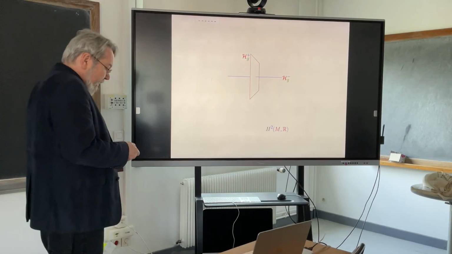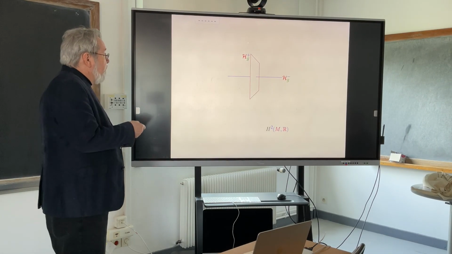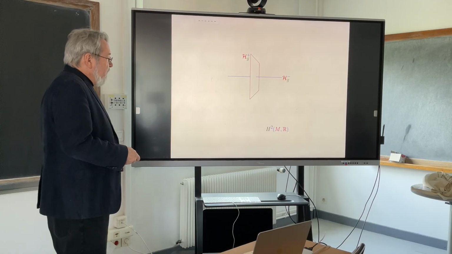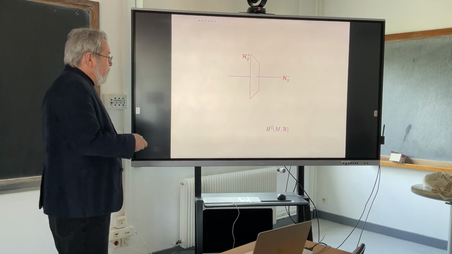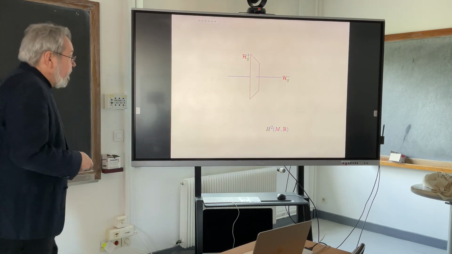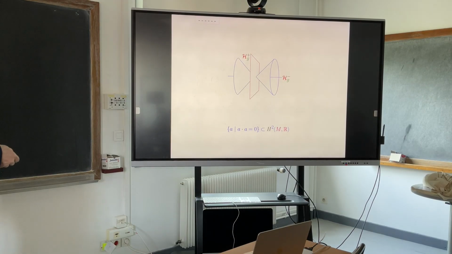For any particular metric, the second cohomology decomposes. The second cohomology can be represented by the harmonic 2-forms, and those are the direct sum of the self-dual harmonic 2-forms and the anti-self-dual harmonic 2-forms.